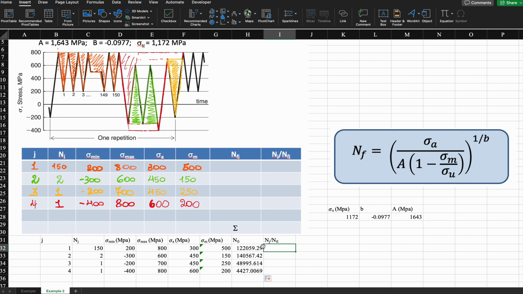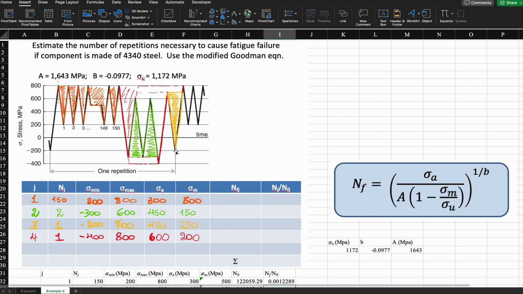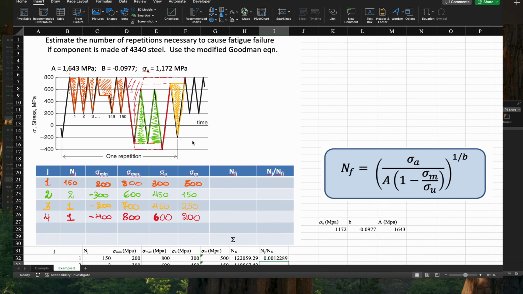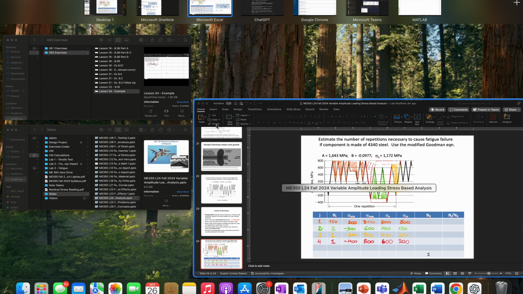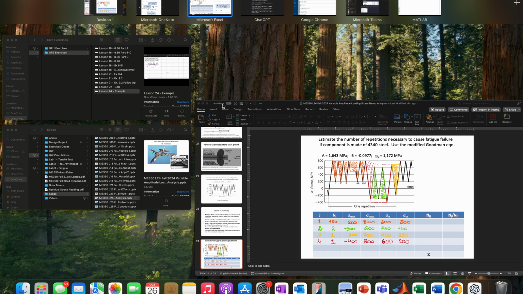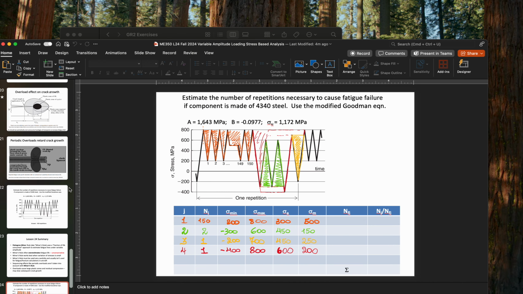And then here, we're going to take the ratio of the cycles that we counted over the cycles to failure. So that's going to be the cycles that we counted over the cycles to failure. Remember, we're using Miner's rule. So let me see if I can find that for you. Oh, it's in these slides.